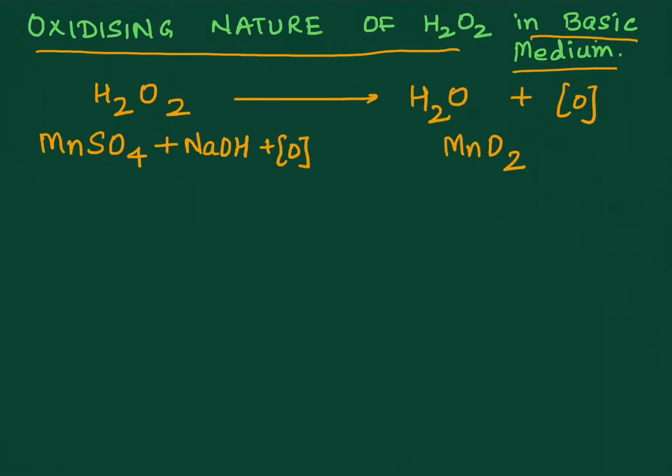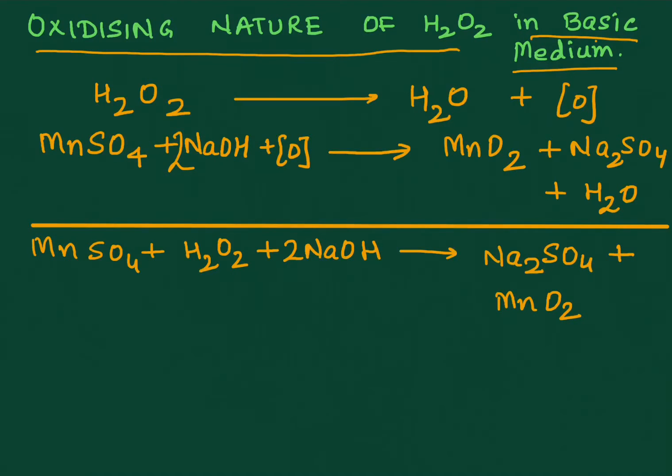Of course, our nascent oxygen is there. What will be the side products? Of course, Na2SO4, and how can we forget our dear water? Now again, the same thing, balance the two equations, no profit, no loss, add the two equations, as simple as that.